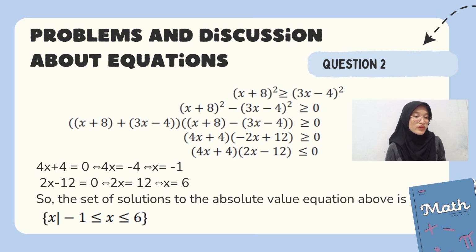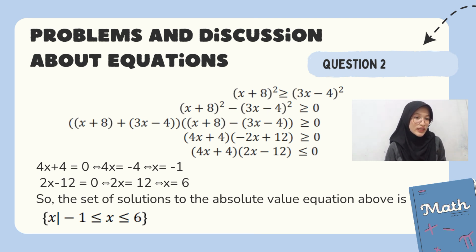So we get 4x plus 4 multiplied by 2x minus 12 less than or equal to 0. So we get 4x plus 4 equals 0, equivalent to 4x equals minus 4.